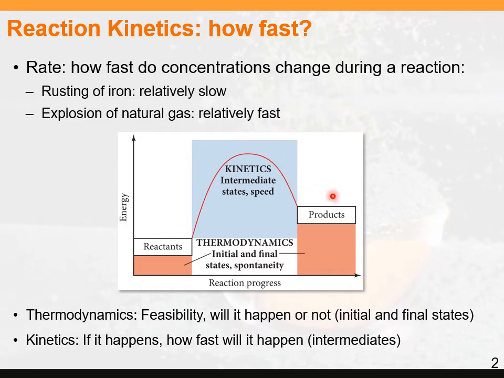For the conversion to happen, that barrier must be overcome. The height of that barrier is therefore a major factor in the rate of a reaction. The higher the barrier, the slower the reaction will be. And oppositely, the lower the barrier, the faster the reaction will be.